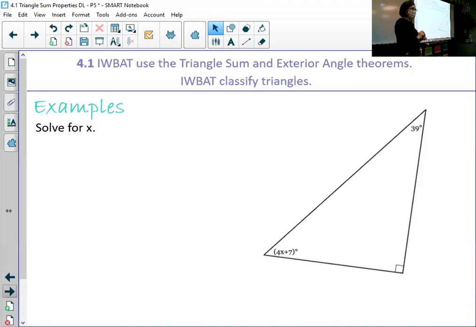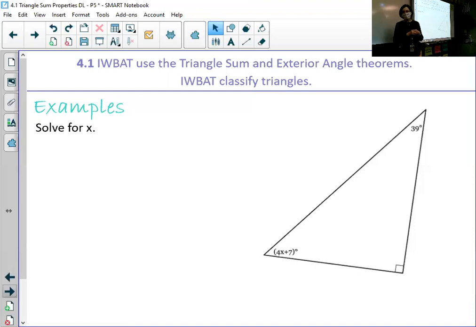Can somebody tell me how they would set that up? Anyone want to share how they set their equation up?